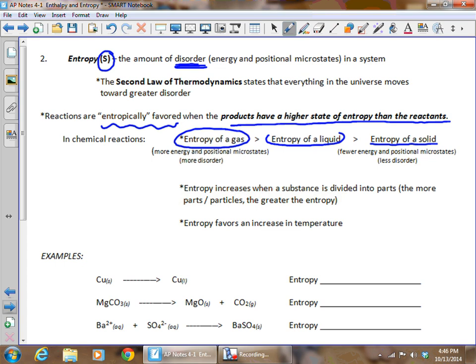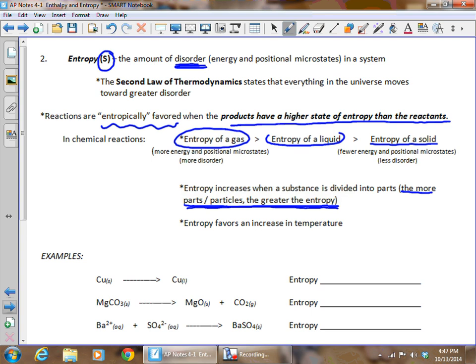There's less disorder. Entropy also increases when the substance is divided into parts. The more parts or particles, the greater the entropy. I think of kids. If you have 1 or 2 kids, you have a lower state of disorder than if you have 15. So the greater the number of particles, the greater the entropy.